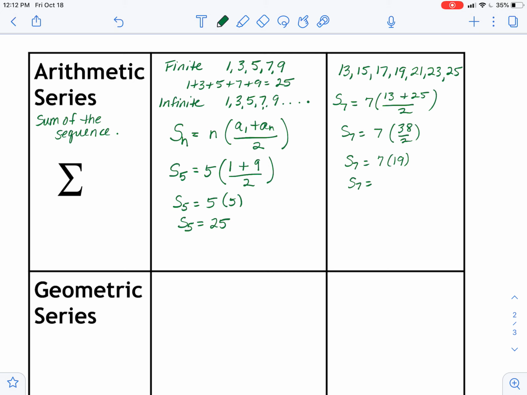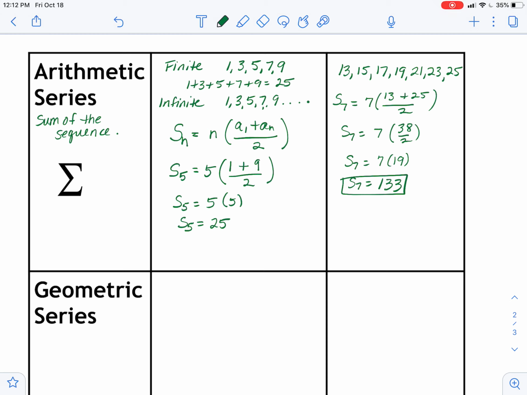So the sum of those numbers is 133. Okay, so the sum of the first 7 is 133. And again, you could run that in your calculator and check it.